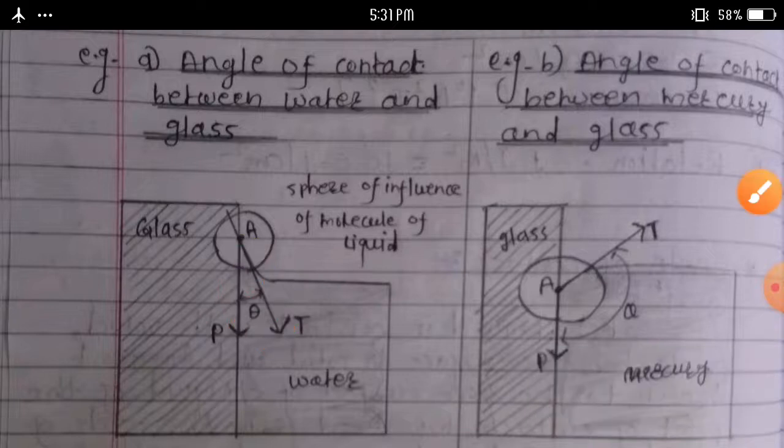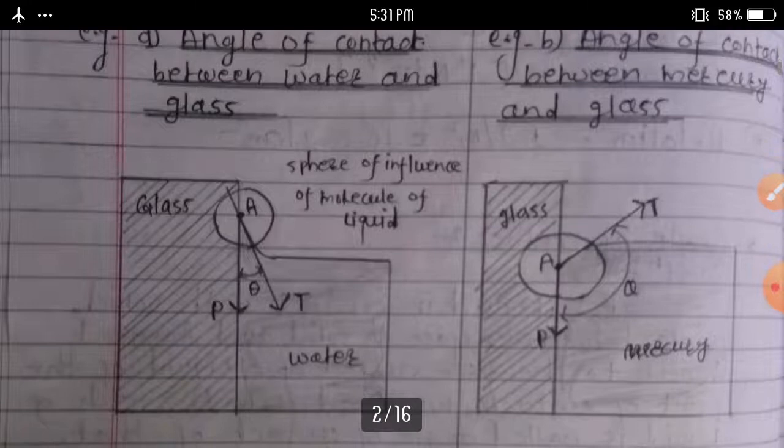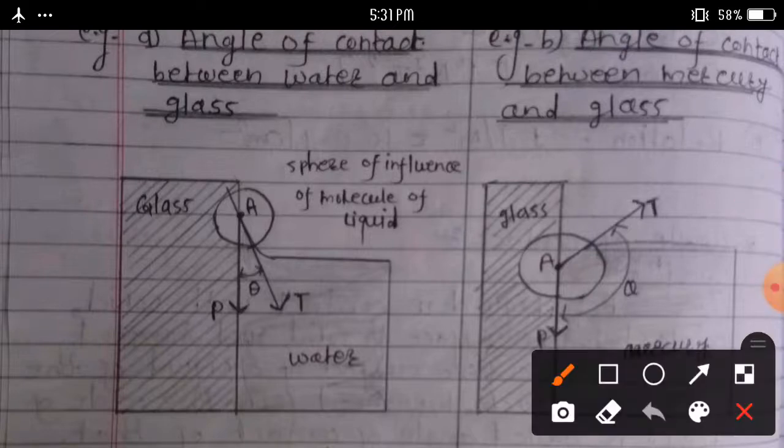Similarly, here we can write the angle of contact, the tangent drawn to the free surface of the liquid. This is the free surface of the liquid. We measure the angle in this way.